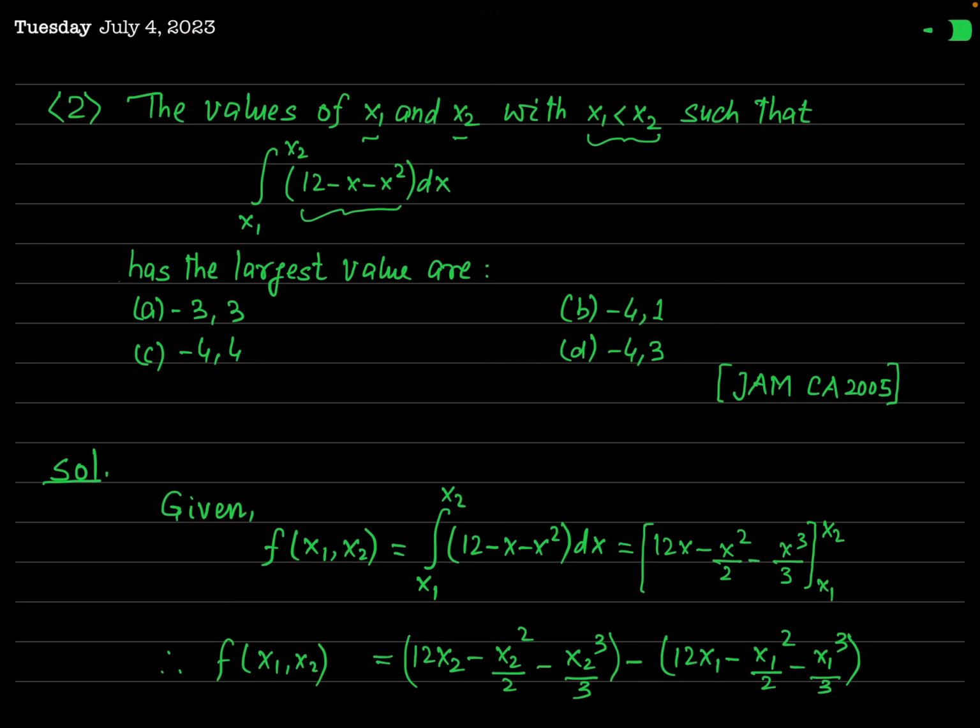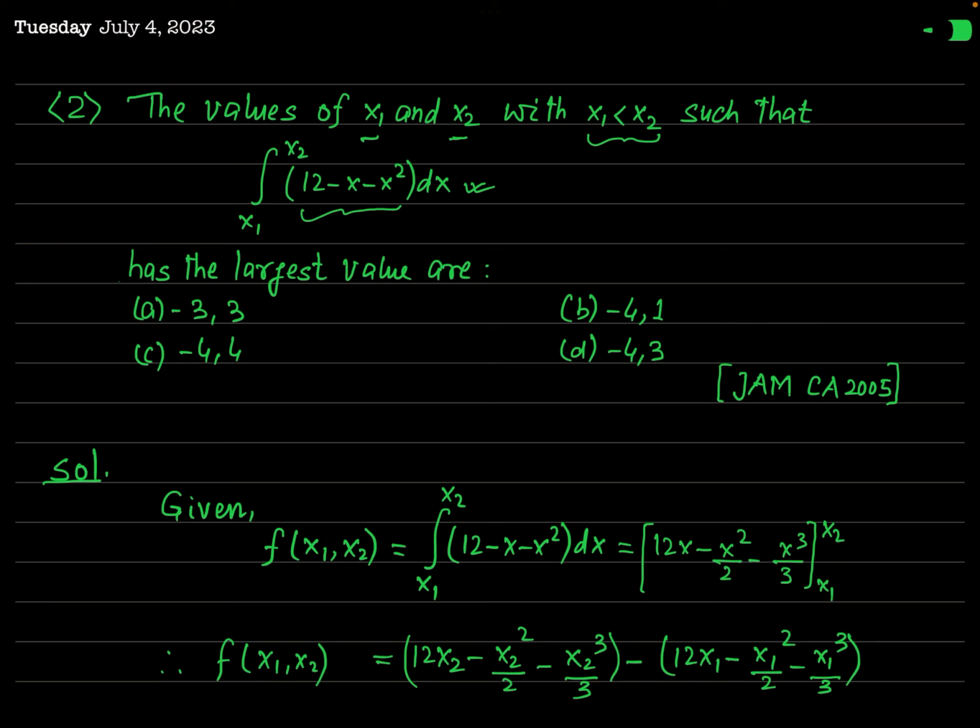It means you have to find the values of the variables x1 and x2 under the condition that x1 is smaller than x2, so that this function, which has been given here in integral form, will have the maximum value. Okay, so you can see here the limits are x1 and x2.